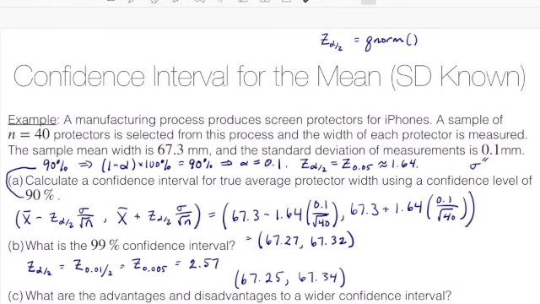So that's an advantage. But a disadvantage is that, well, of course it's wider. And so in part A, you're saying the range of plausible values are between 67.27 and 67.32. And with a higher confidence level, you're saying that there's a larger range of plausible values.